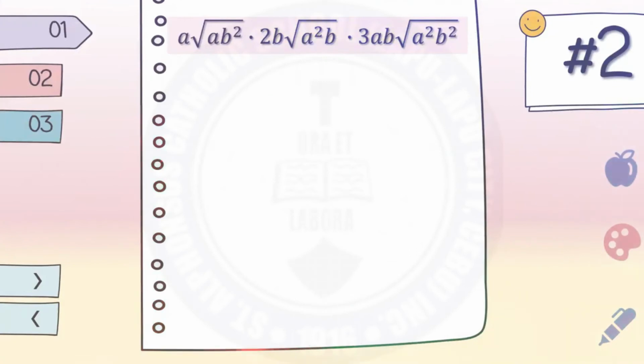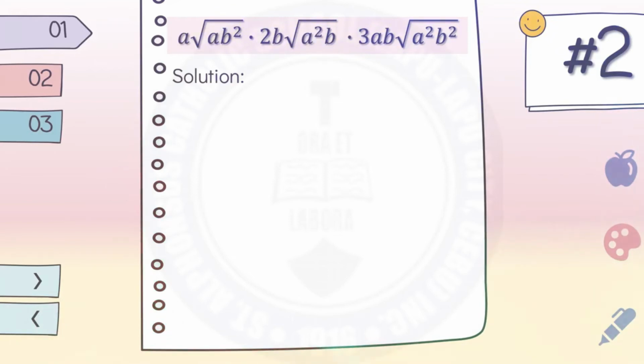Number 2: A square root of AB squared times 2B square root of A squared B times 3AB square root of A squared B squared. In this case, follow the product rule, which is the nth root of A times the nth root of B equals the nth root of AB.